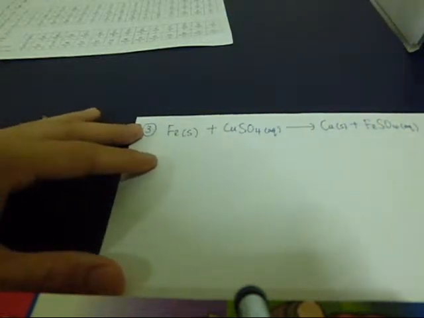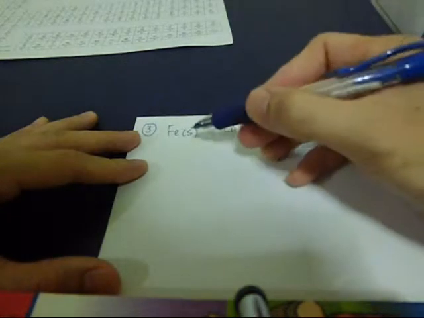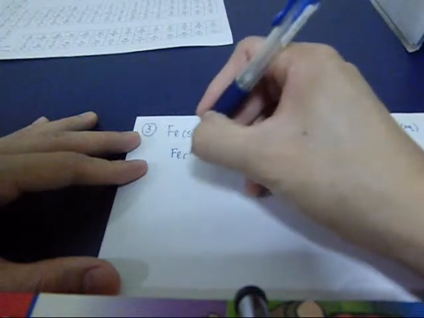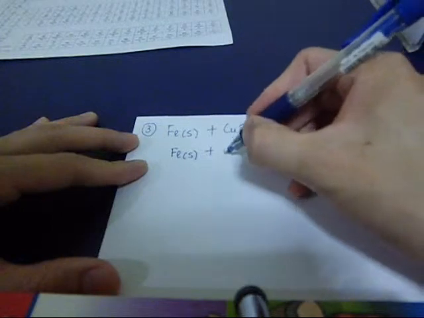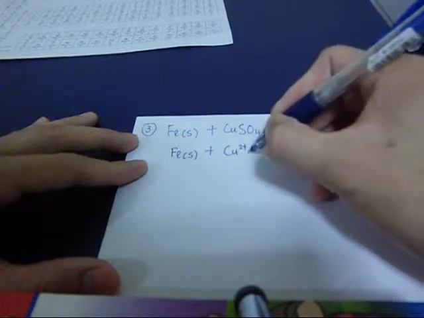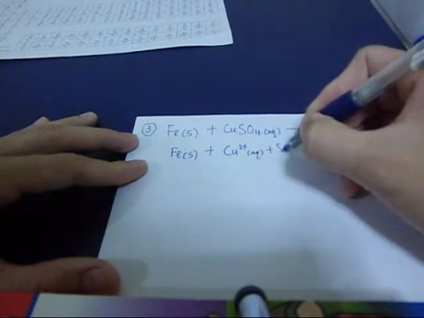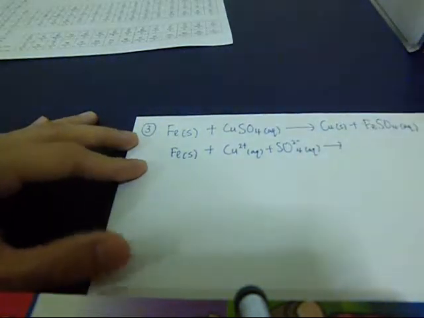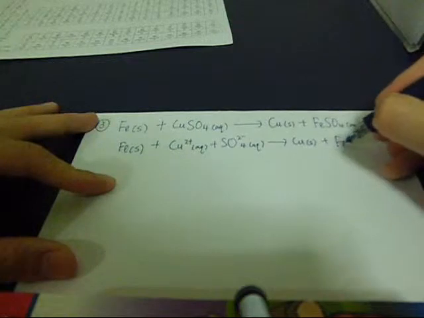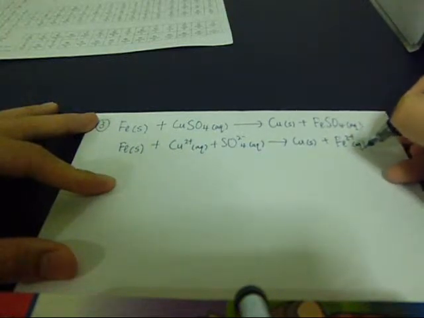So how do you come up with the ionic equation? I said already, when it is a solid, you keep it as it is. When it is aqueous, you have to split it up into ions.